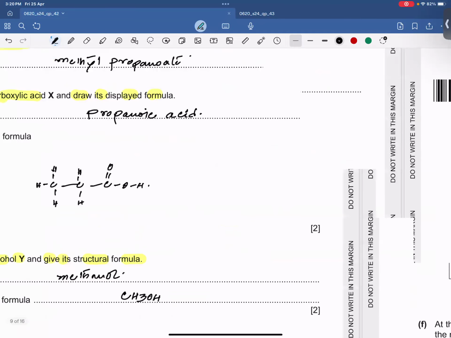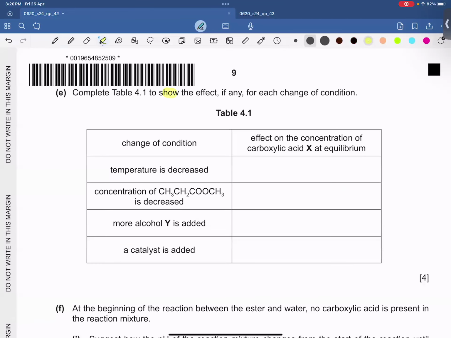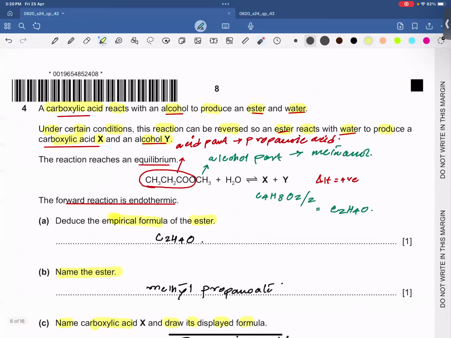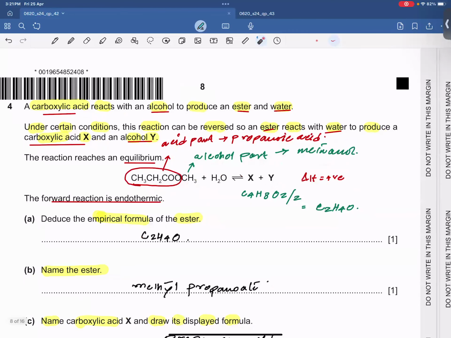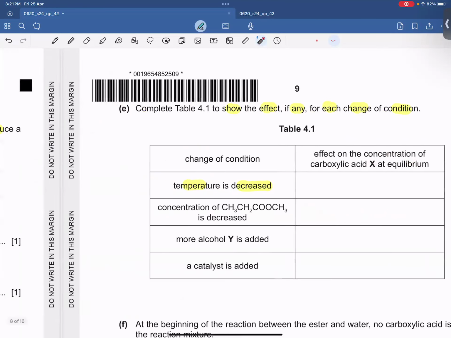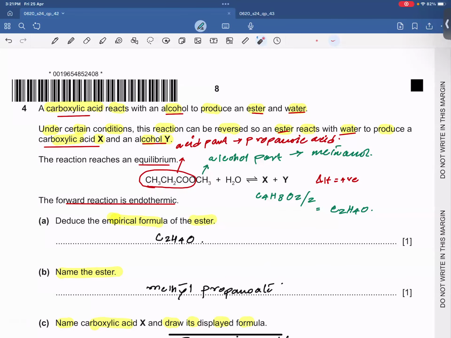Next, complete table 4.1 to show the effect, if any, for each change of the condition. Temperature is decreased. When temperature is decreased in an endothermic reaction, equilibrium favors the left-hand side. So concentration of X at equilibrium obviously decreases because equilibrium favors the left-hand side.